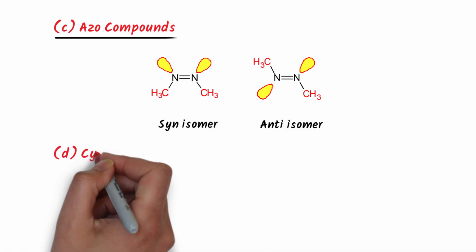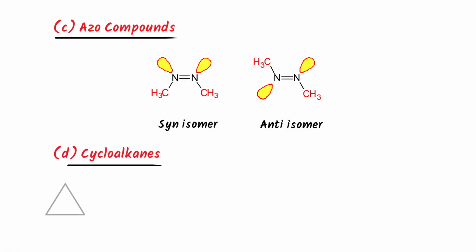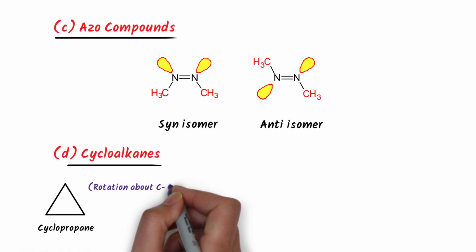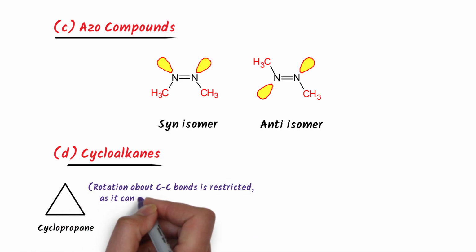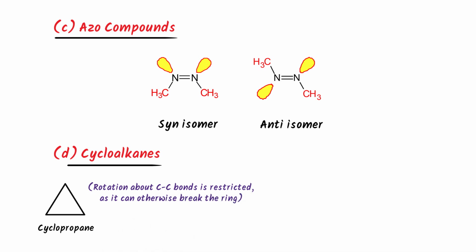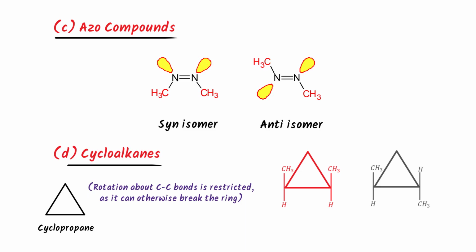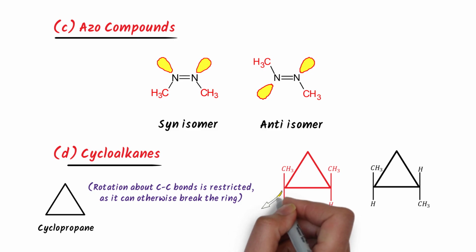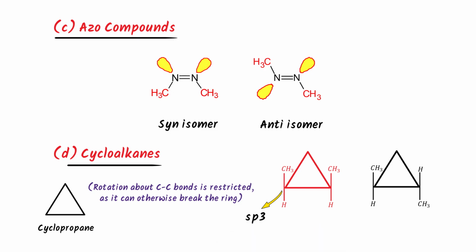Next, we have cycloalkanes. Cyclopropane, as you see, there is obviously a restricted rotation about carbon-carbon bonds because it can otherwise break the ring. And moreover, in addition to the three conditions talked about earlier, there is one more condition in case of cycloalkanes: the carbon atom to which the two different groups are attached must be sp3 hybridized.